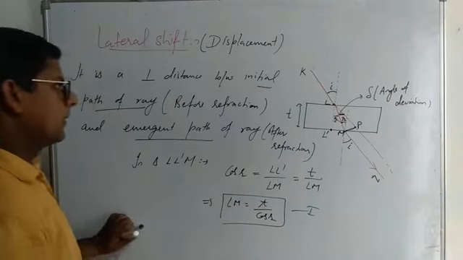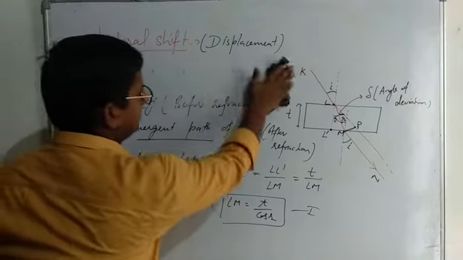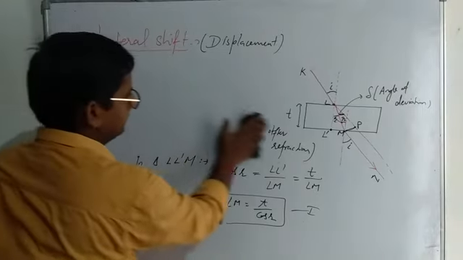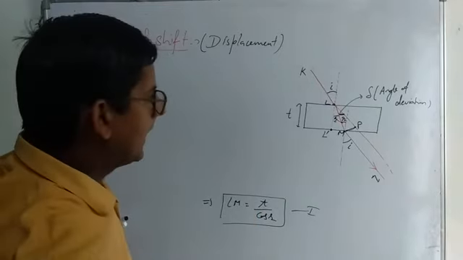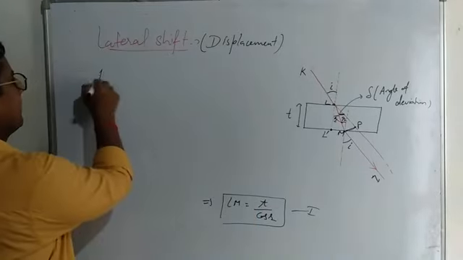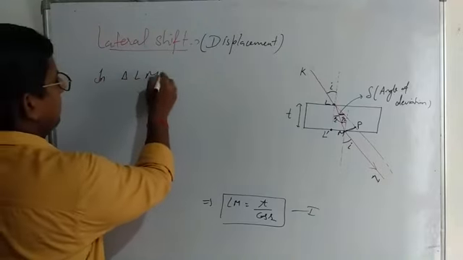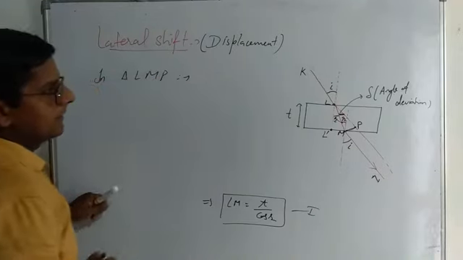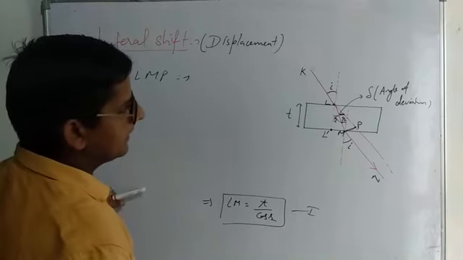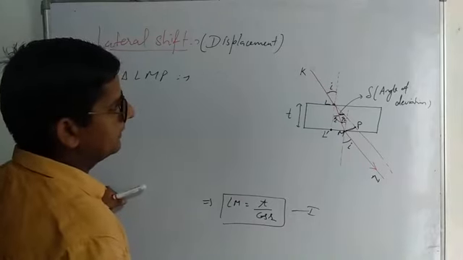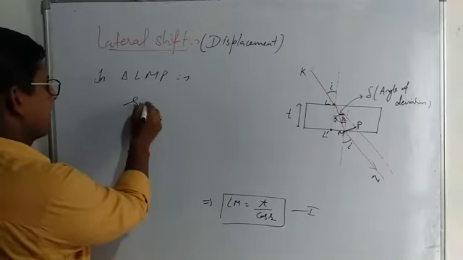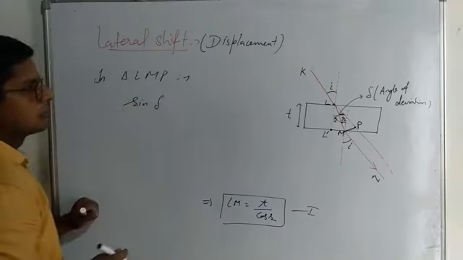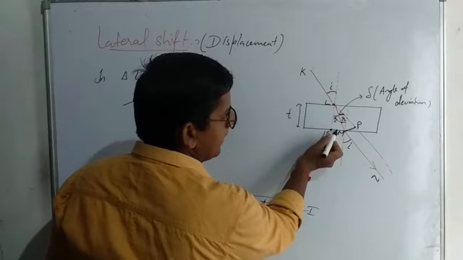Next we will move to triangle LMP. In triangle LMP, that is also a right angle triangle, and in the right angle triangle you can find the sine of del, because here this angle is del. What is sine?